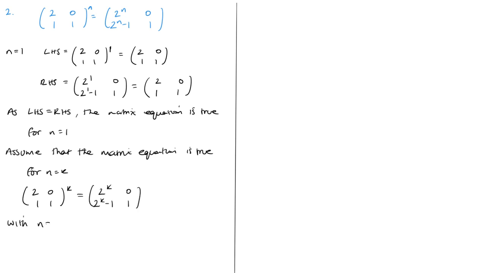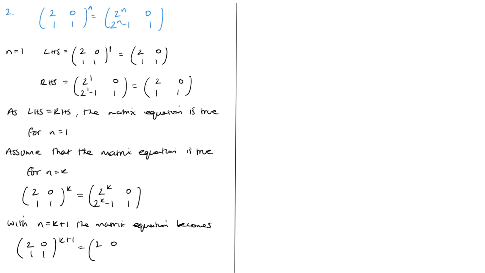So with n equals k plus 1, the matrix equation becomes 2, 0, 1, 1 to the power k plus 1.